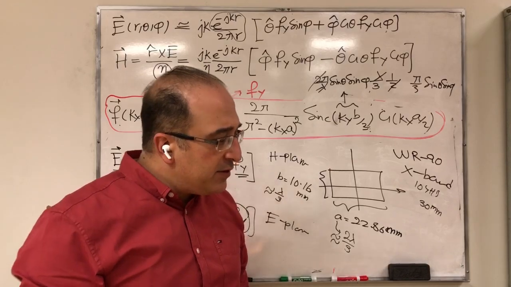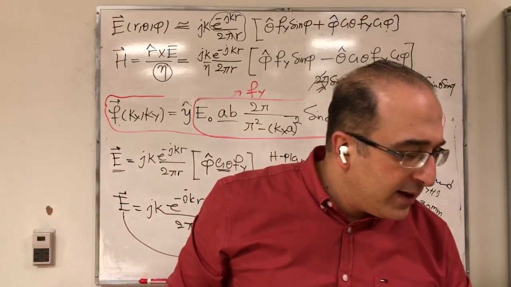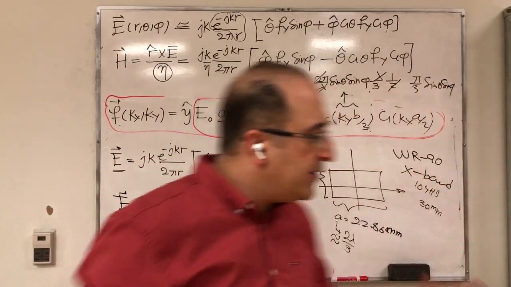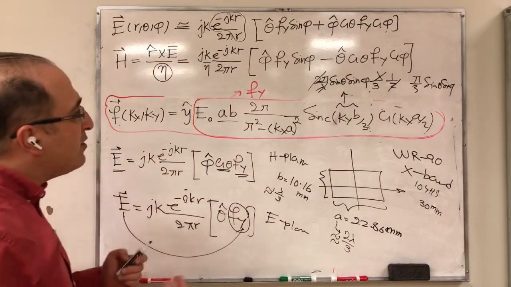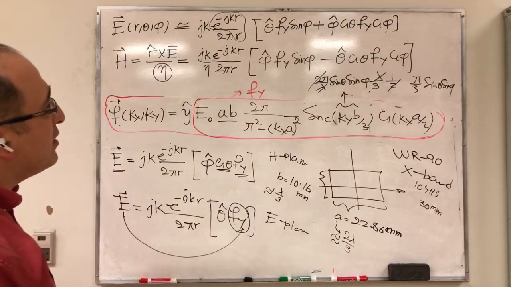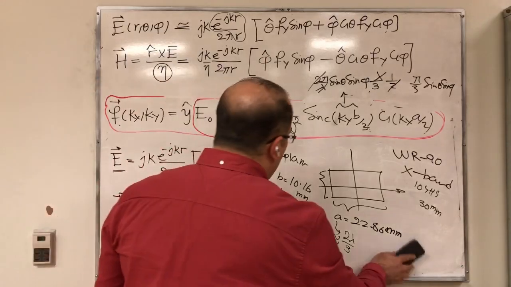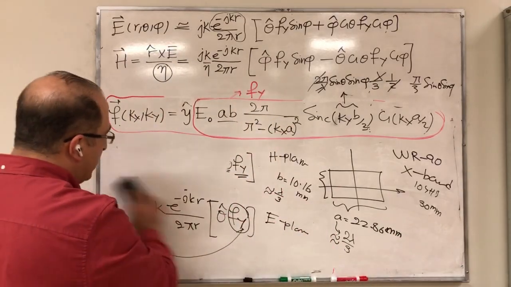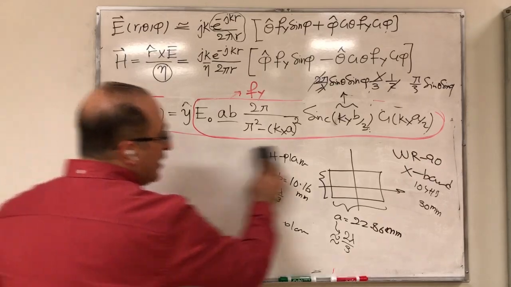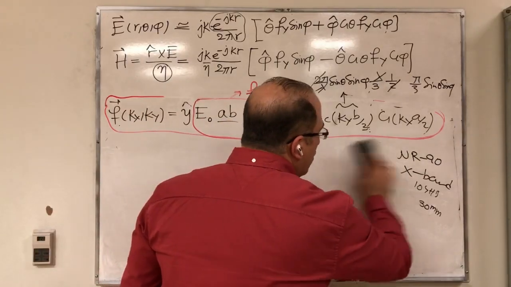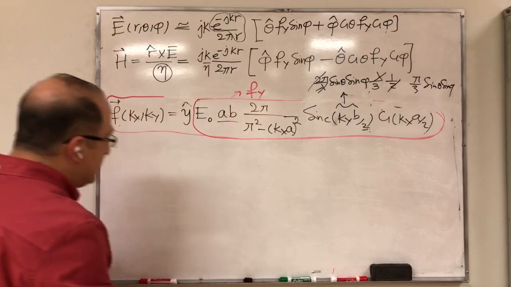Now that we discussed this situation, I think it's good to start another discussion, and that discussion relies on this situation: what happens if we don't have that PEC around the antenna.